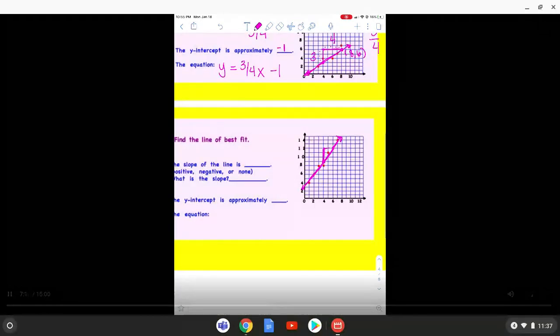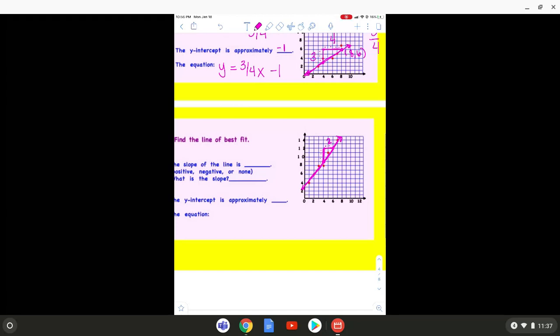So I can tell that the slope is going to be positive. I picked 2 points from my line I just drew. And I see that I have a rise of 4 and a run of 2. So my slope is 2.